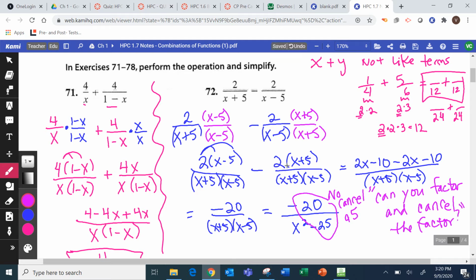So going from here just backwards, if I factor the denominator, it is x plus 5, x minus 5. Neither of those is just a 5. You cannot factor just a 5, so I have nothing to cancel with the top. It's only when you can factor that you can cancel factors. So that would be my final answer.